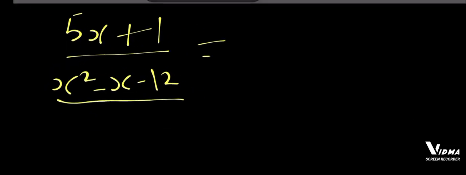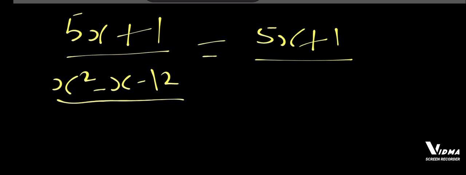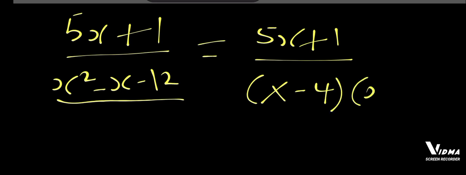By doing that, I'm going to end up with 5x + 1 over, and with this you can use your calculator straight for it, so no need for explanation about this. So we can get this.